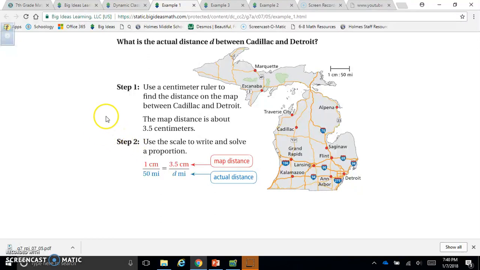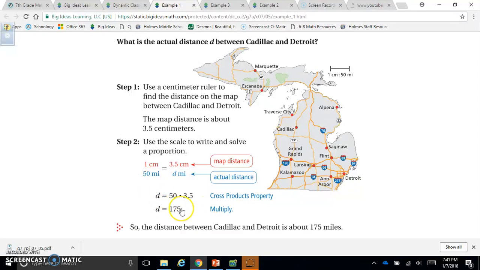Now we're going to actually solve. What times 1 is 3.5? That's 3.5. So what's 50 times 3.5? That's how we're going to find D. This 3.5 is called your scale factor, what you multiply to get there. And we get that it's about 175 miles between Cadillac and Detroit.